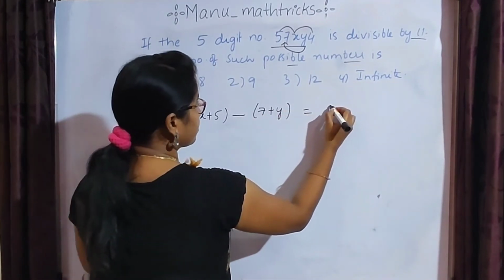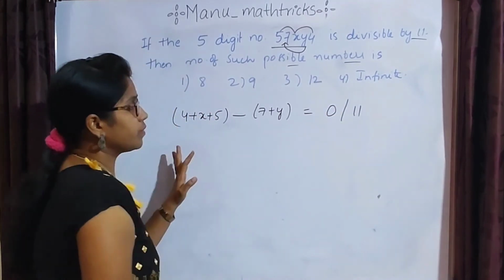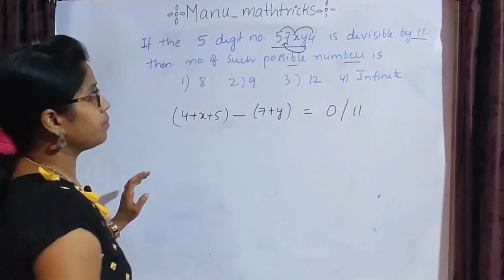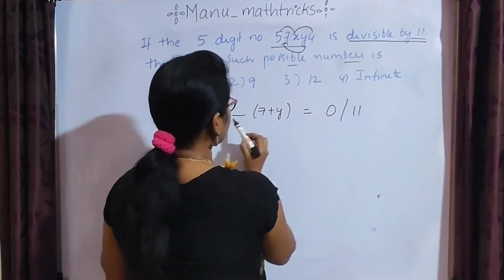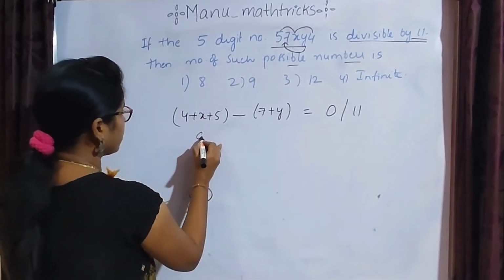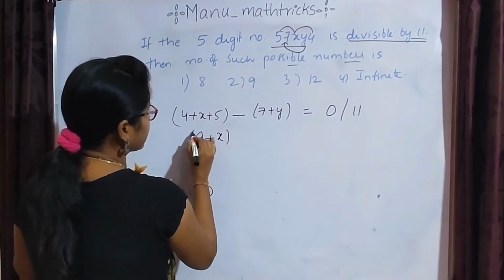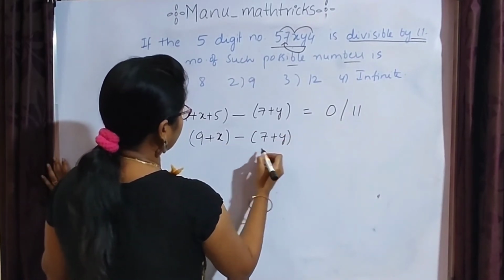When they are subtracted, it must be equal to 0 or 11, then only the number is said to be divisible by 11. Why here he said this number is divisible by 11, so I have written the equation in this form. Now 9 plus x minus 7 plus 5.